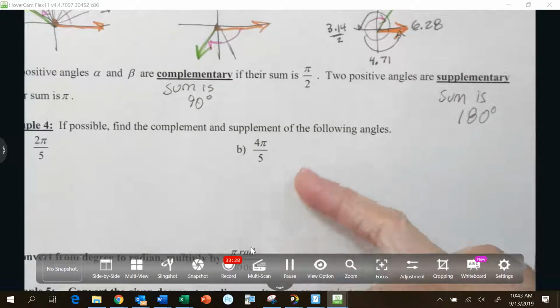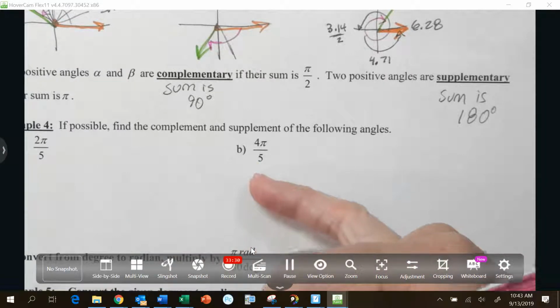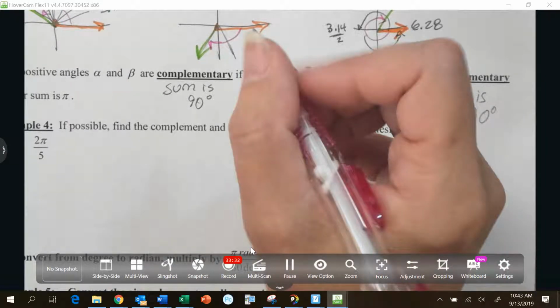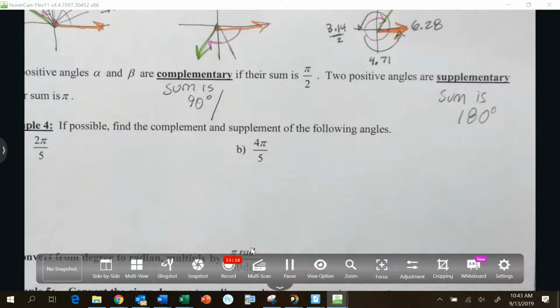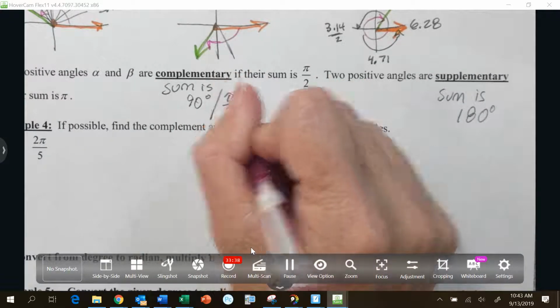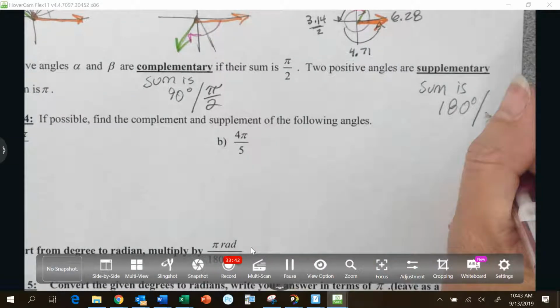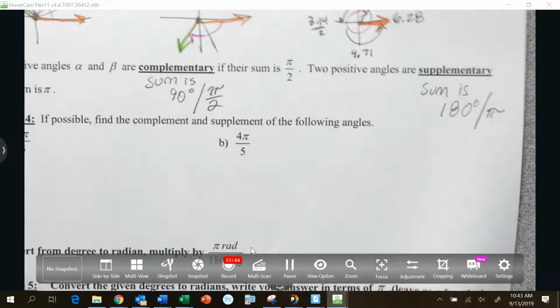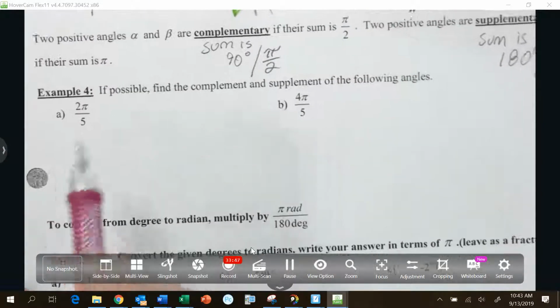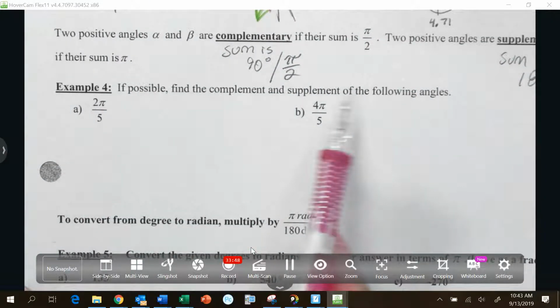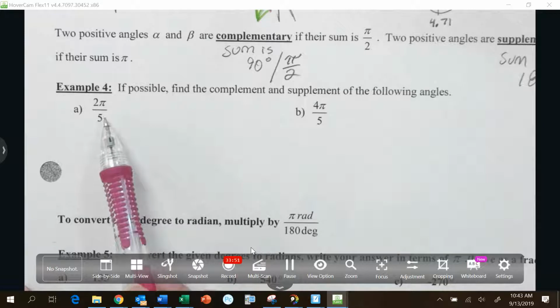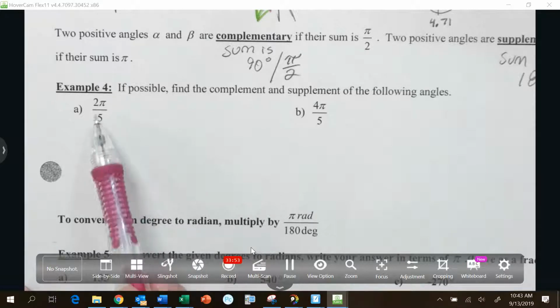You can see that, oh no, these first two examples are not in degree form. So what is the radian version of 90 degrees? It's pi over 2. And what is the radian version of 180 degrees? Pi. So if possible, find the complement and supplement of the angle 2 pi over 5.